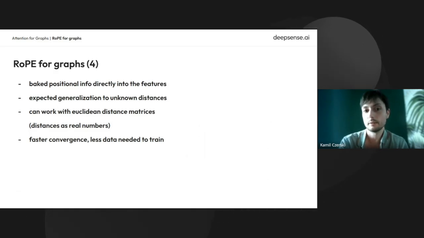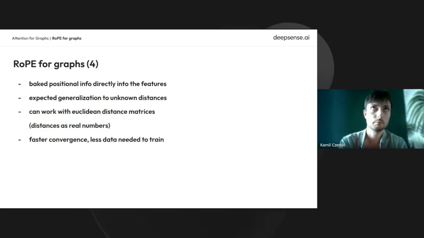Another plus is it can work with Euclidean distance matrices, so real numbers are welcome here. You can use a matrix like that, and the implementation and running time are the same. And faster convergence in practice, because it's easier to grasp what the distance is. You don't have to learn each distance separately.